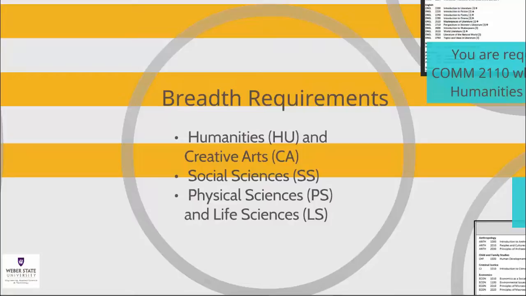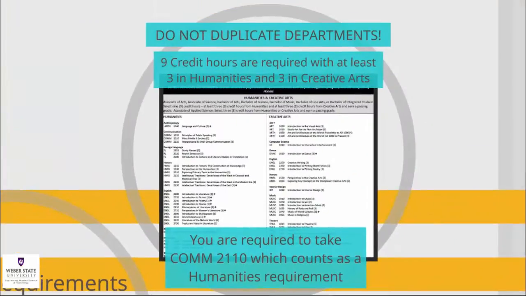For construction management technology students, major courses require a C or better. We will begin by discussing the humanities and creative arts requirement found on page 2 of the General Education Requirement Sheet found on the East Advisement Resources page.